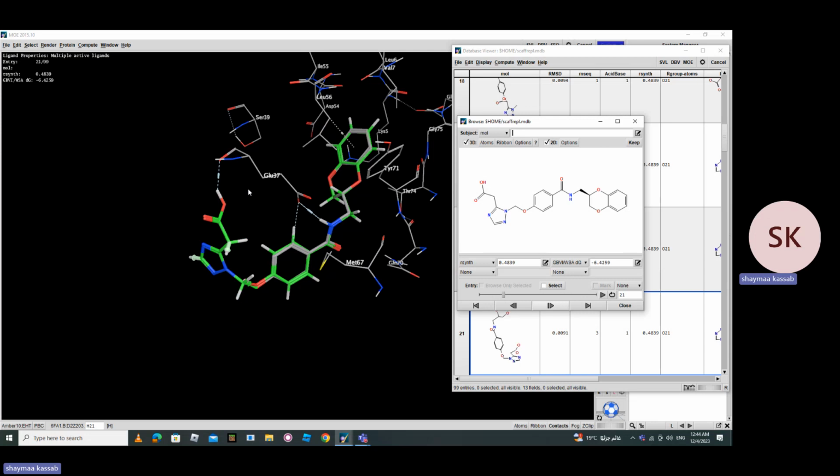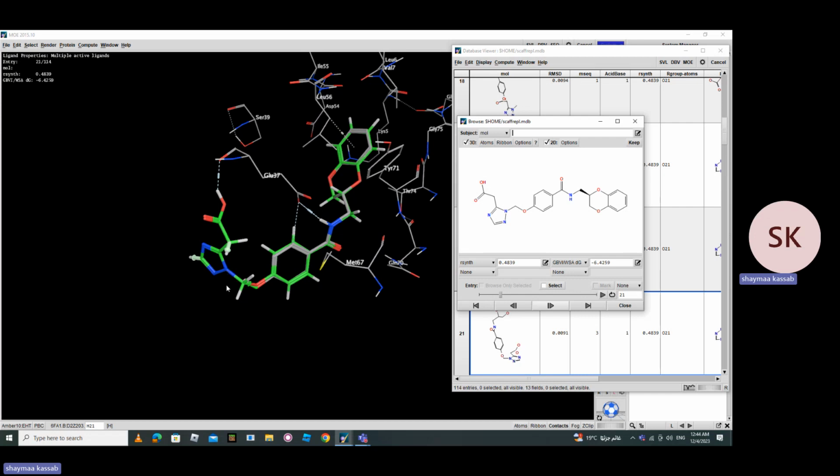Yeah, here we have a nice compound, a nice modified structure or developed structure, which succeeded to form further bonding force as strong as the hydrogen bonding formed by the original ligand with the same amino acid.